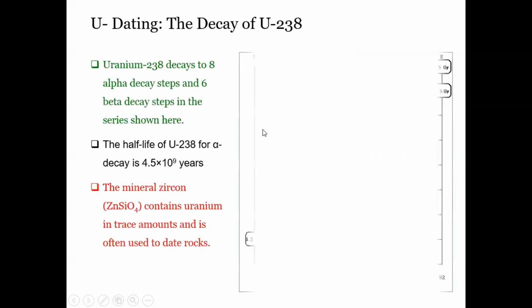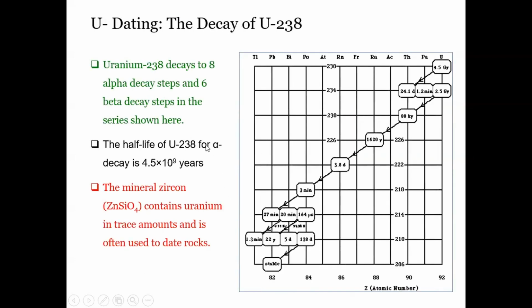Now we talk about uranium dating, the decay of uranium-238. Uranium decays in 8 alpha decay steps as shown in this figure. You start with uranium, which has a half-life of 4.5 G years. I'm sorry, billion years. It is about 10 to the power 9 years.